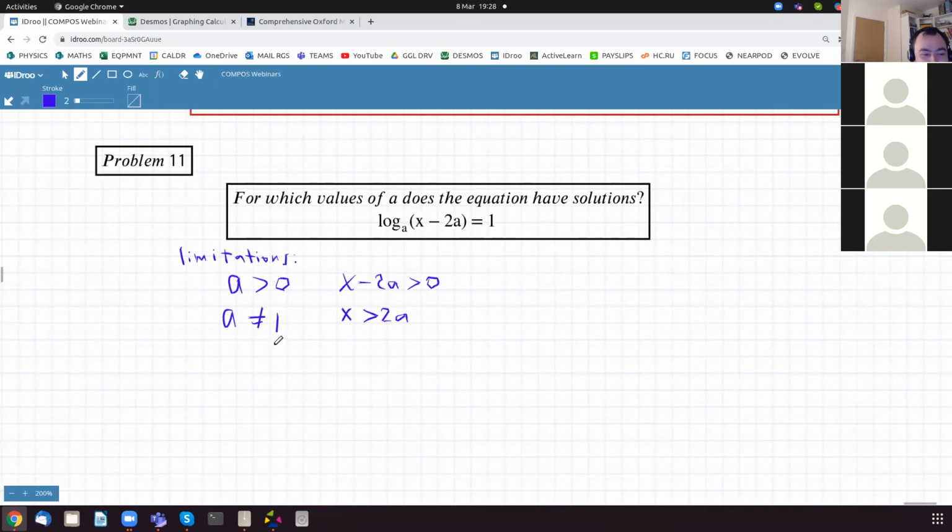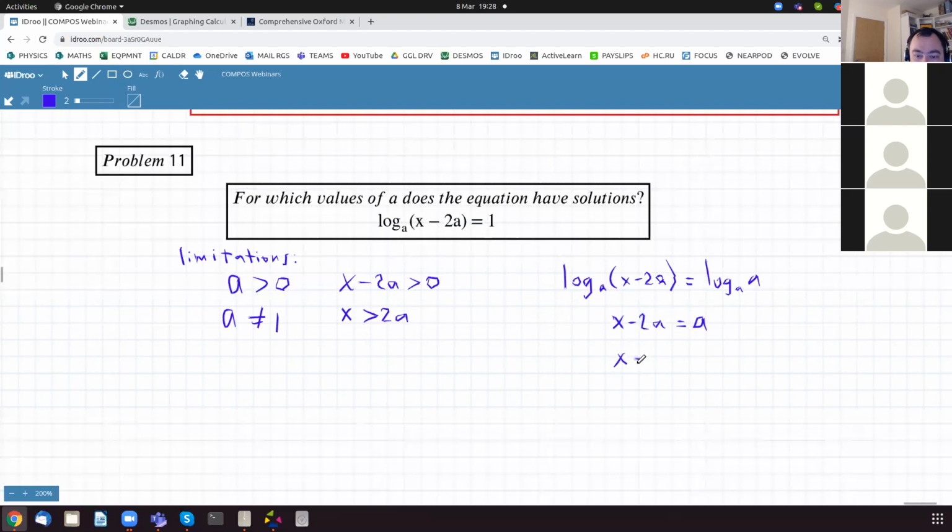Now, let's actually solve the equation and see what we get. So log base a of x minus 2a, and 1 can be written as log base a of a. So the logarithm is a monotonic function. That means that this has to be equal to this. x minus 2a has to equal a.